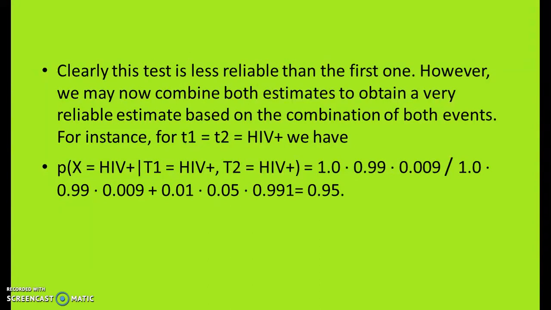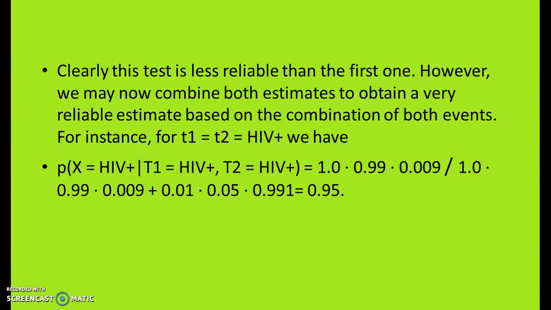However, we may now combine both estimates to obtain a very reliable estimate, based on the combination of both events. So for instance, for T1 equals T2 equals HIV positive, we have P of X equals HIV positive given T1 equals HIV positive and T2 equals HIV positive.